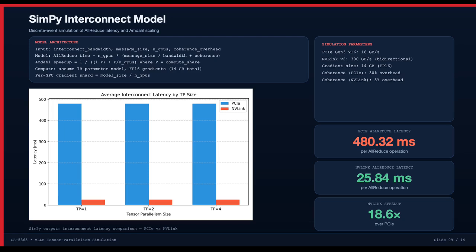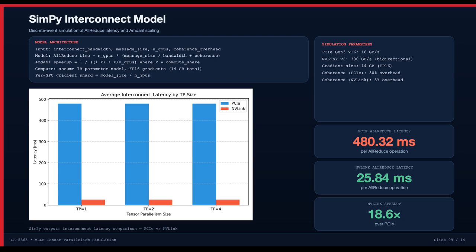The simulation parameters on the right side are PCI Express generation 3 x16 at 16 gigabytes per second, NVLink version 2 at 300 gigabytes per second bidirectional, gradient size of 14 gigabytes in FP16 format, coherence overhead of 30% for PCI Express, and coherence overhead of 5% for NVLink. The bar chart shows average interconnect latency by tensor parallelism size.